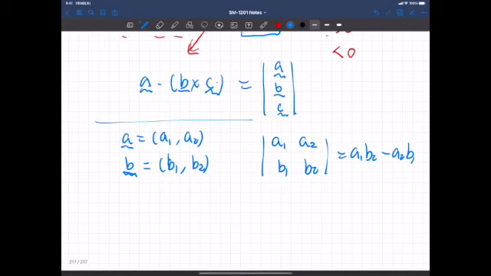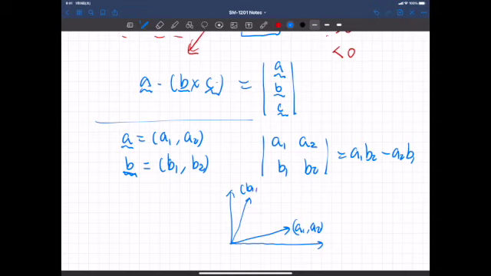So in this case, if you consider these in the two-dimensional space, so suppose this is A1, A2, and suppose this is B1, B2. But this determinant corresponds to the area made by these two vectors, the area of this parallelogram made by these two vectors.